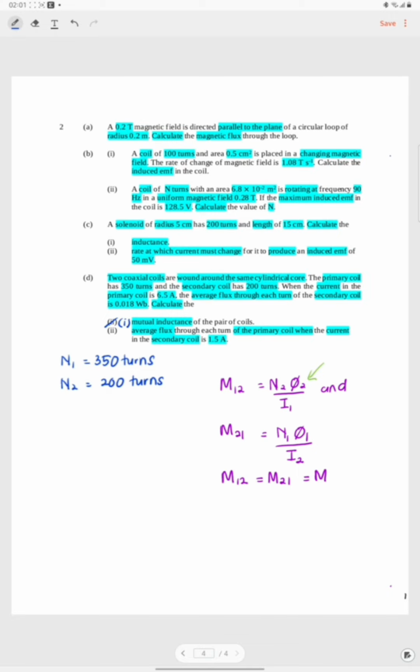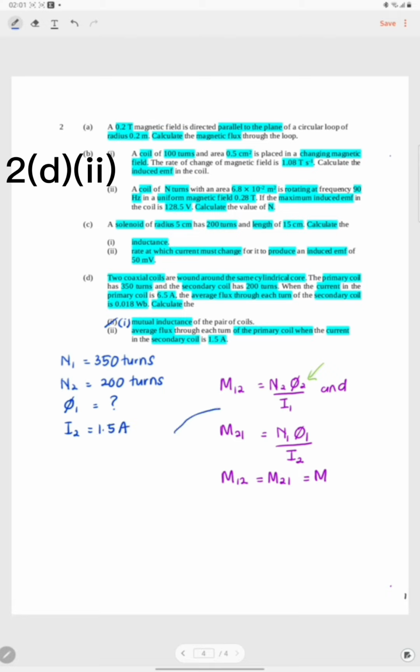Alright, we go for the last question, 2D2. In this question, we need to calculate the average flux through each turn of the primary coil. So I need to have the magnetic flux in the primary coil. So magnetic flux 1, I make it the subject that we need to calculate, when the current in the secondary coil, I2, is 1.5 ampere.